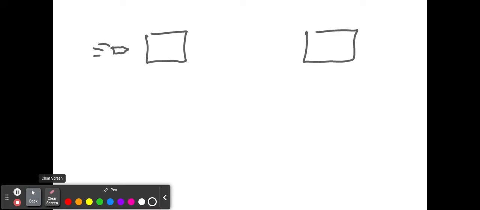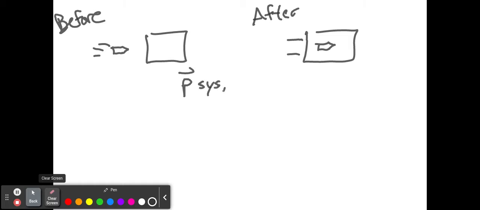So now we think of it as the bullet hitting the pendulum at rest, and then the bullet lodged inside of the pendulum at some velocity less than the original. So it'll look something like this. The momentum of the system initial is going to equal the momentum of the system final.